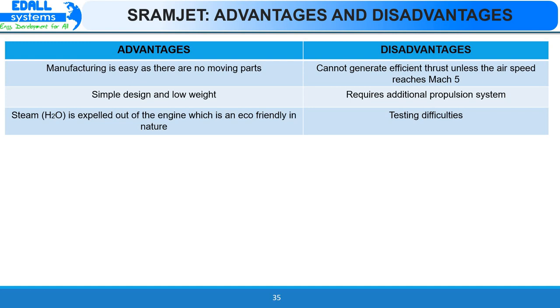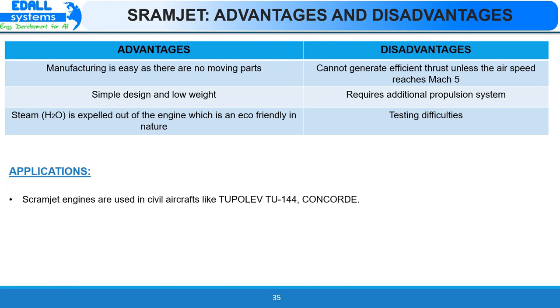Disadvantages of scramjet engine are: scramjet engine cannot generate sufficient thrust unless the airspeed reaches hypersonic speed, that is Mach 5. Scramjet engine requires an additional propulsion system. The testing of scramjet engine is difficult. Let us see some applications of scramjet engine.